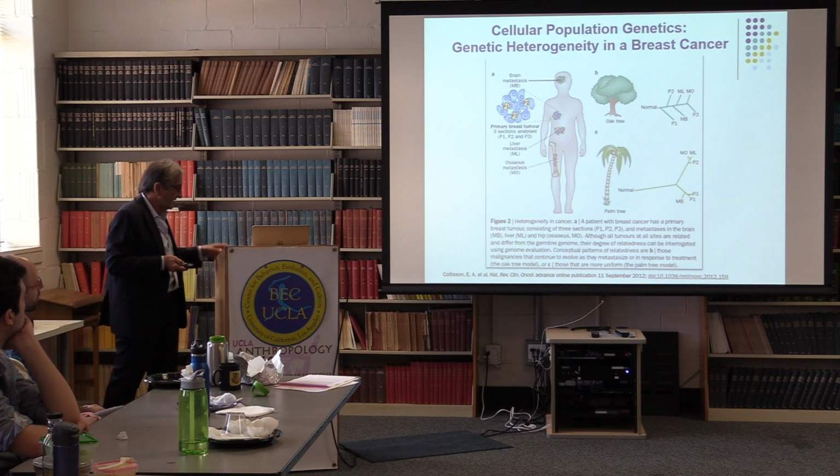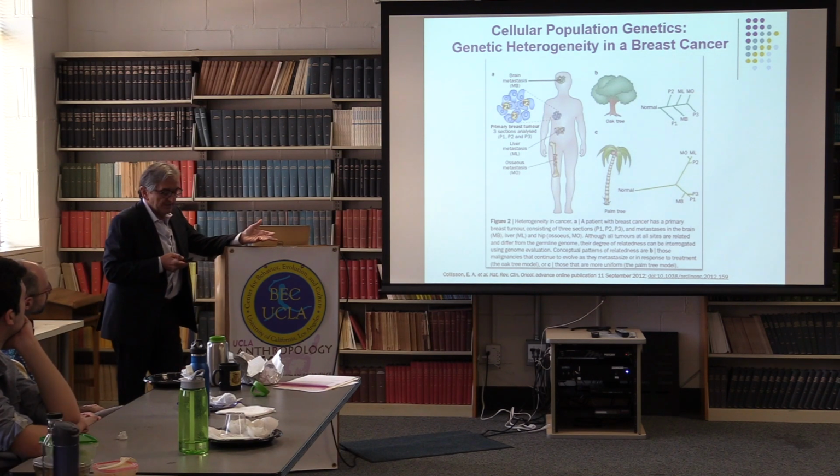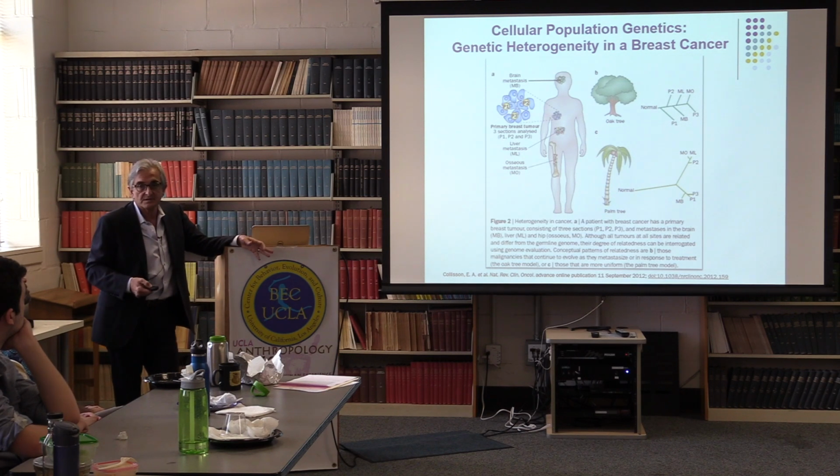What about the population genetics of cancer? Well, this is a cartoon of how one does that. This is, let's say, a patient with breast cancer and multiple sites to which it has spread. And when you do genomic analysis of these different sites, all having started in this one tumor in the breast, you can actually draw phylogenetic trees, some of which have long trunks and few branches, or some of which branch very, very quickly.